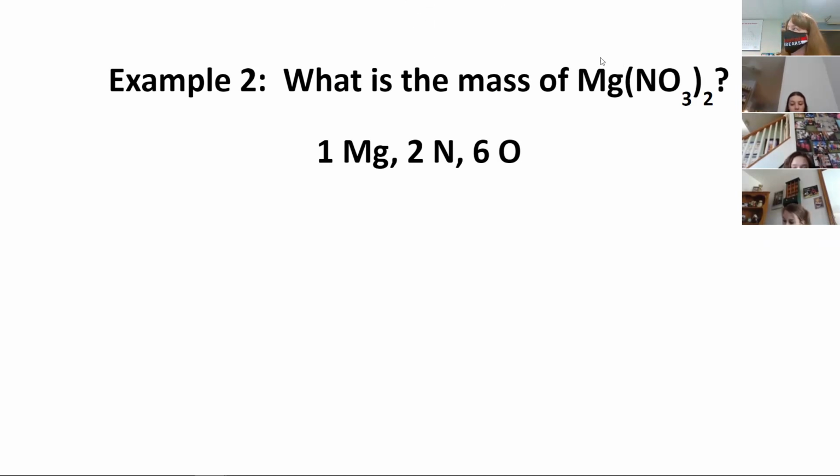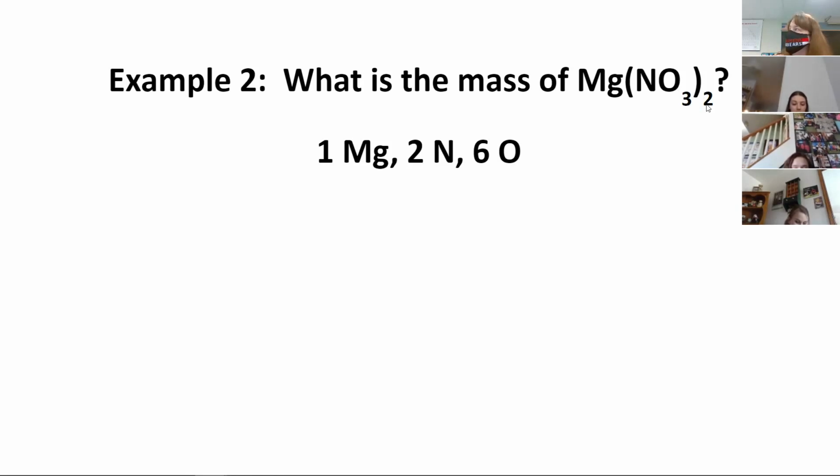So in this case, magnesium does not have anything written after it. So that tells us we only have 1 magnesium. Within this polyatomic ion, there is 1 nitrogen, again, because there's a subscript 1 here, and 3 oxygens. So 1 nitrogen and 3 oxygens within that polyatomic ion.